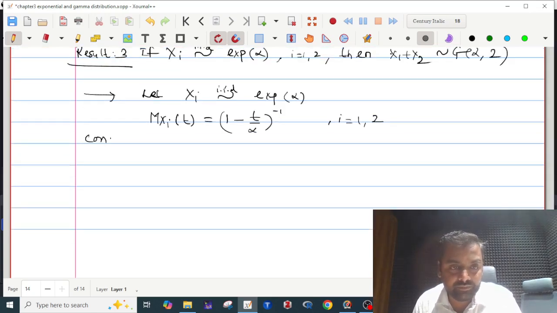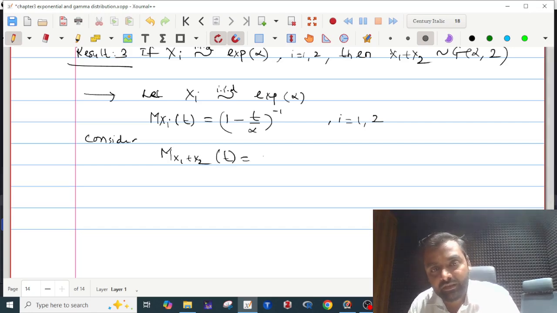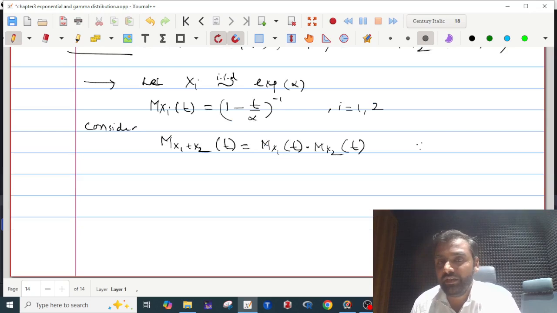So consider the MGF of X1 plus X2. Because X1 and X2 are independent, by the property of MGF, the MGF of X1 plus X2 is nothing but MX1(t) into MX2(t). Just plug in the values. MGF is (1 minus t upon alpha).